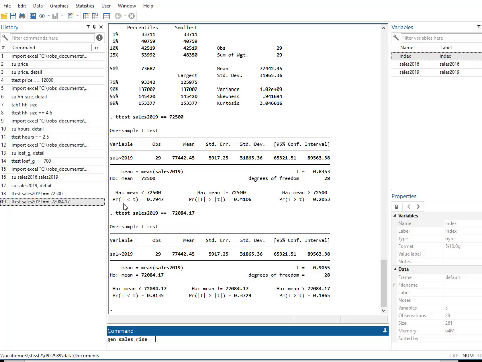And it's going to have to be equal to the new column of numbers in the data, which is called sales rise, and it takes the sales in 2016 away from the sales in 2019. So if anyone's lost money, that will be negative.